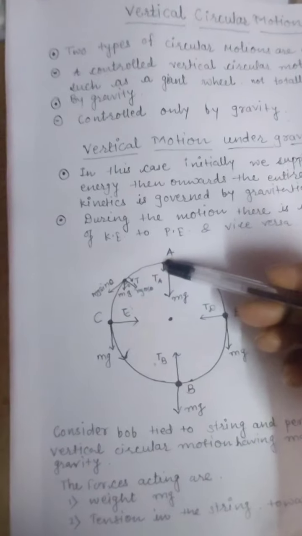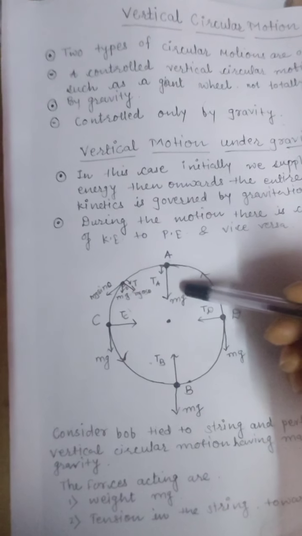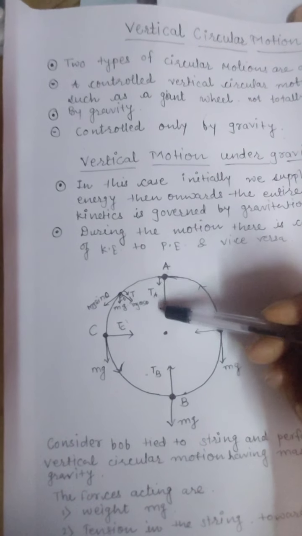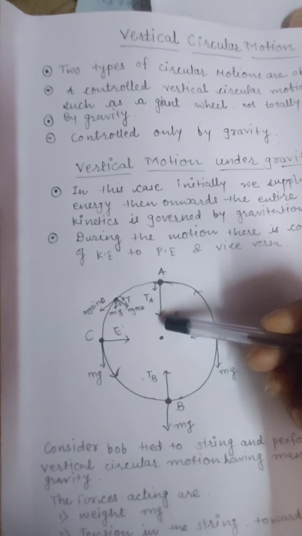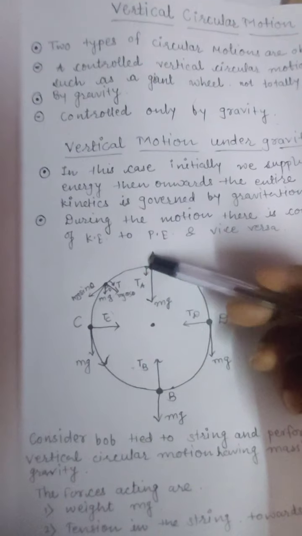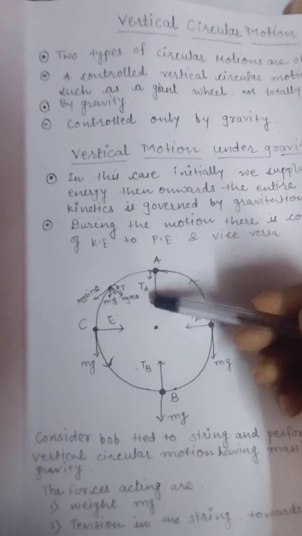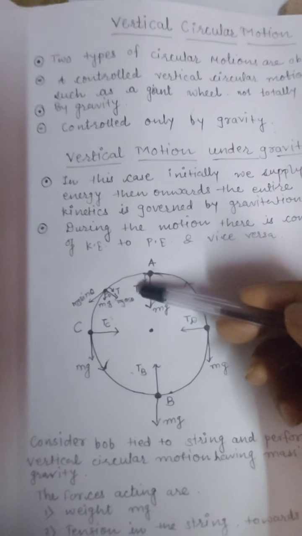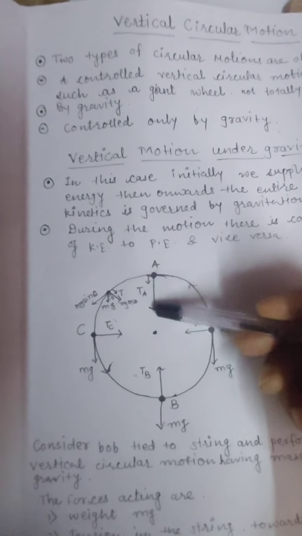So both the tension in the string and its weight are acting in the same direction, towards the center. The vector sum of these two is nothing but the centripetal force.